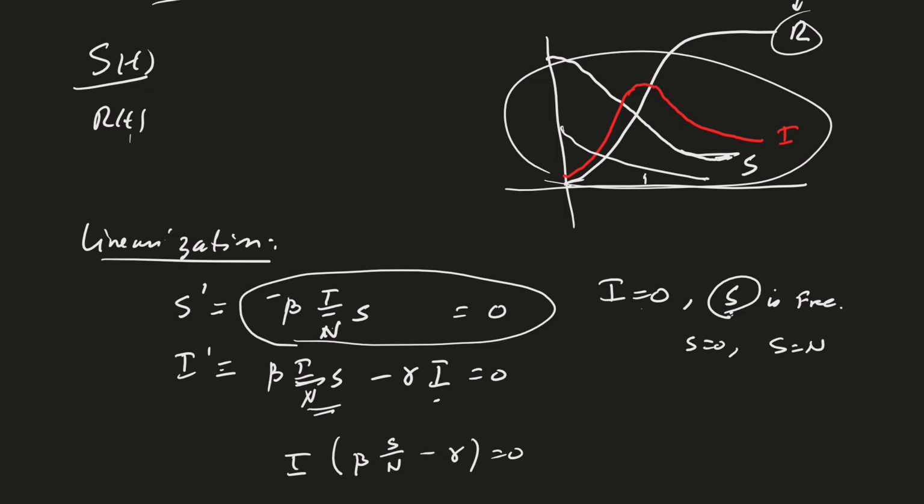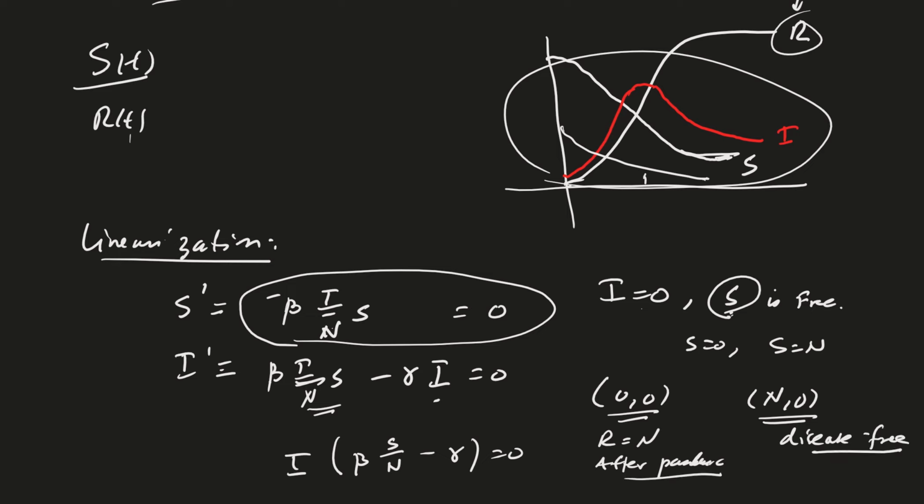Okay, so when s is equal to 0, then we would be at 0, 0. And then for the other equilibrium, we would be at n, 0. The 0, 0 means that this is when r is equal to n, and so this would be after the pandemic. And if we have n, 0, what does that mean? That would be the disease-free state, right?